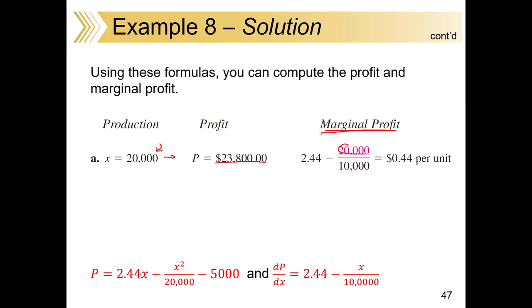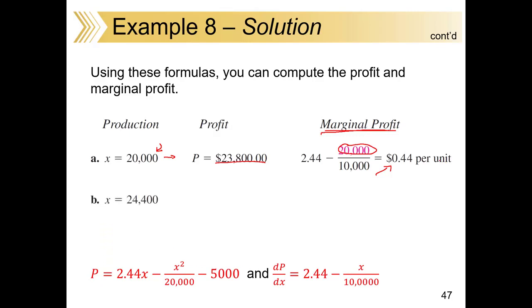There's our 20,000 in the marginal profit function. Do our arithmetic. This says that if we increase production by one item, one hamburger or whatever it is, we're going to get 44 cents more per hamburger.